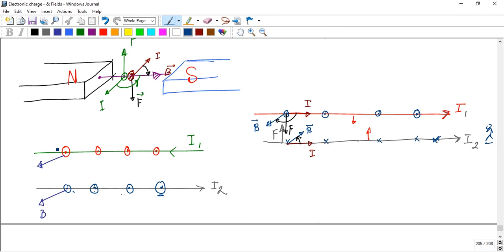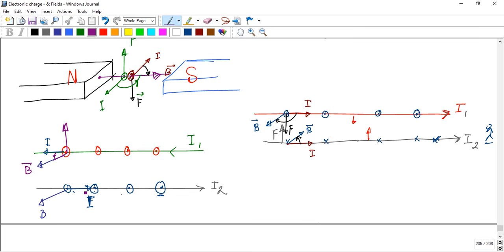Now the current directions are different, so that is I, and here the direction is I. We know the force is I cross B. So I cross B is in the anti-clockwise direction, so the force is upward.